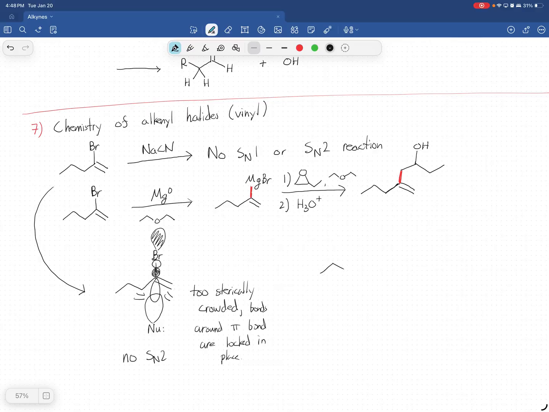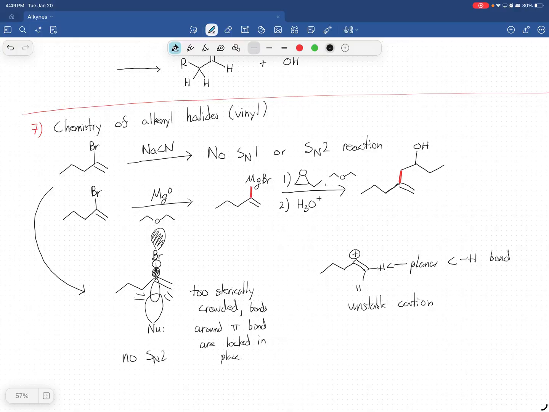Okay. Now, how about SN1? So this positive charge, this C-H bond here is planar. So, an unstable cation. This carbocation is actually not in the p orbital.